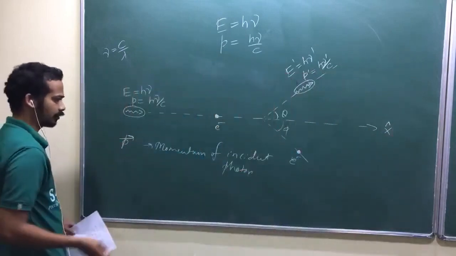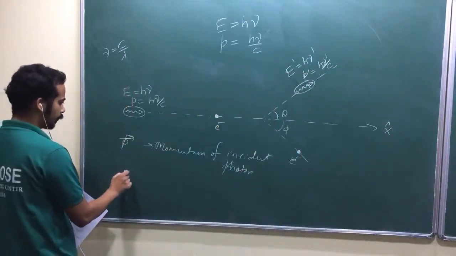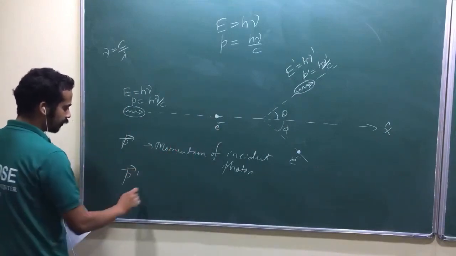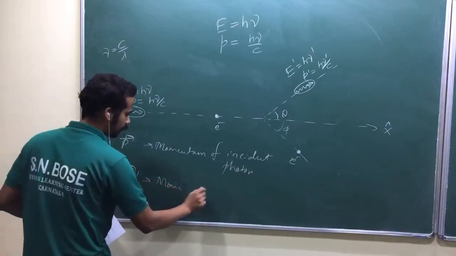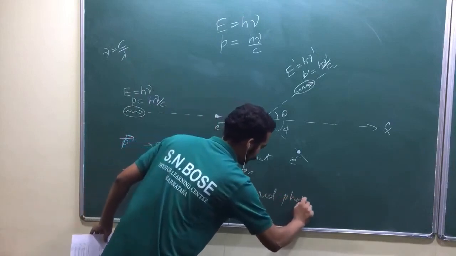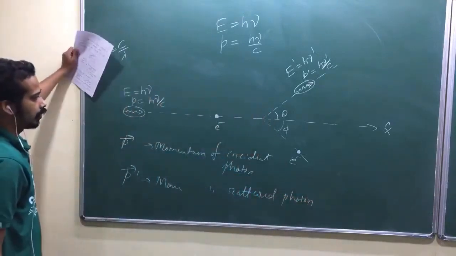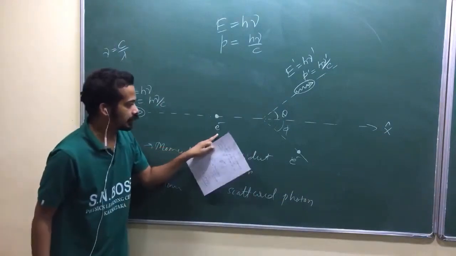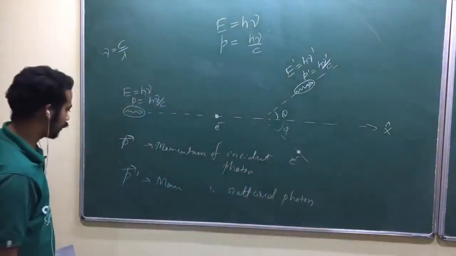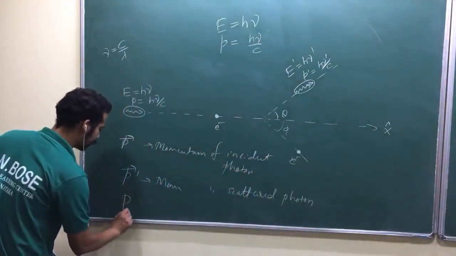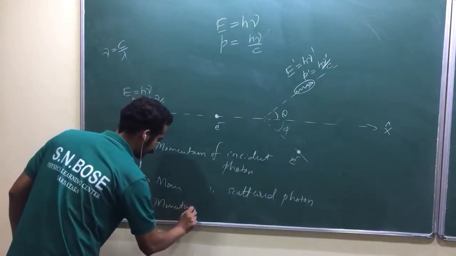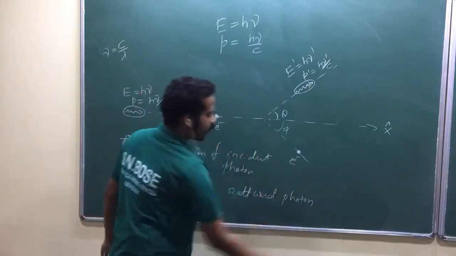Initially the momentum of the electron is 0. P vector prime is the momentum of the scattered photon. Initially the electron is at rest, so its momentum is 0. Now capital P E is the momentum of the recoiled electron.